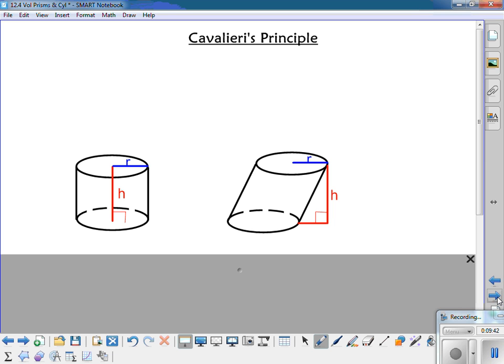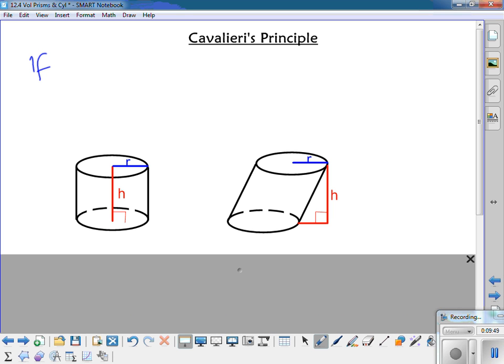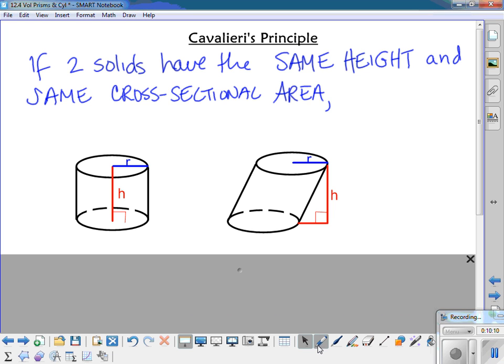All right, Cavalieri's principle. What Cavalieri's principle says is if two solids have the same height, and the same cross-sectional area, then they have the same volume.